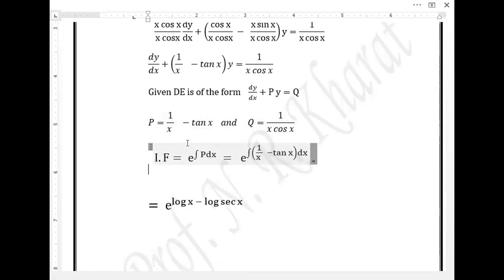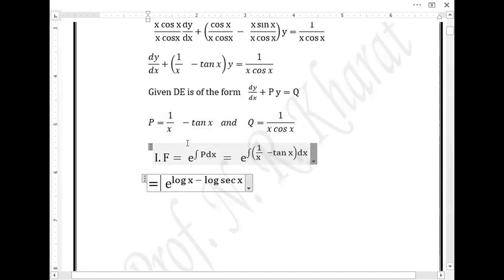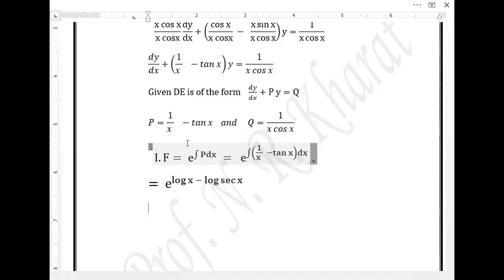So we get e whose power is log x minus log of sec x. Again, we know that log a minus log b is log a upon b. According to that log rule, the exponential function's index becomes log of x upon sec x.